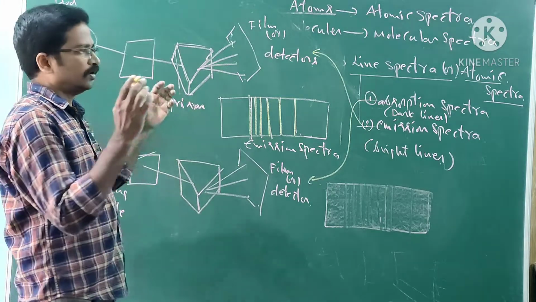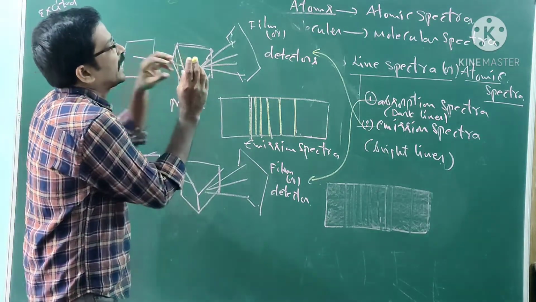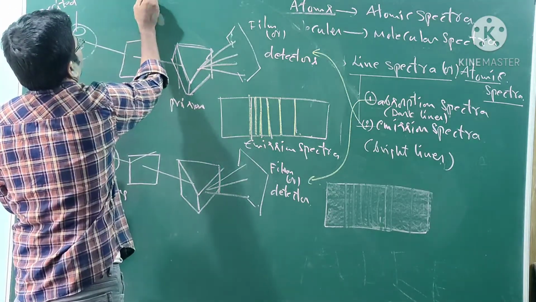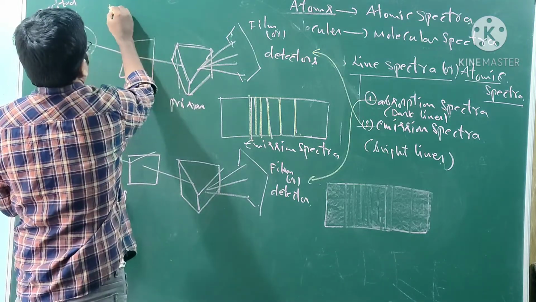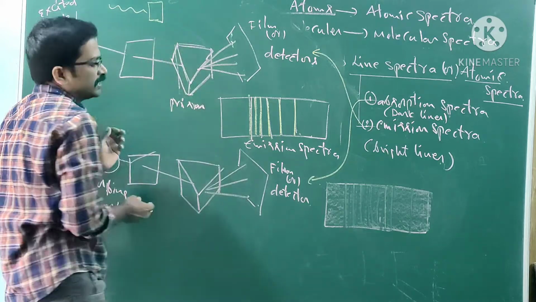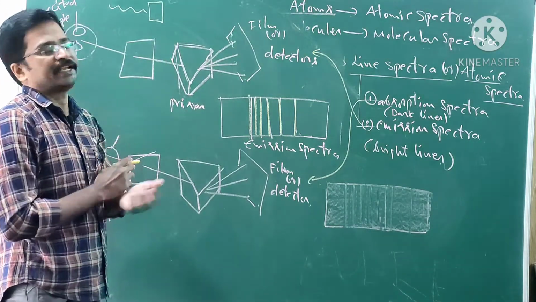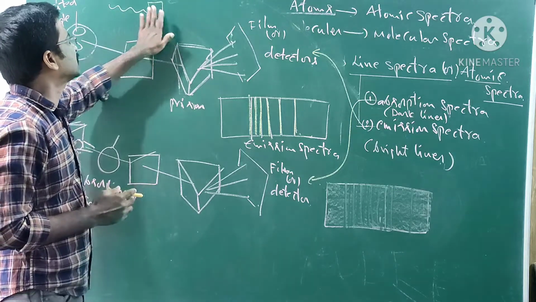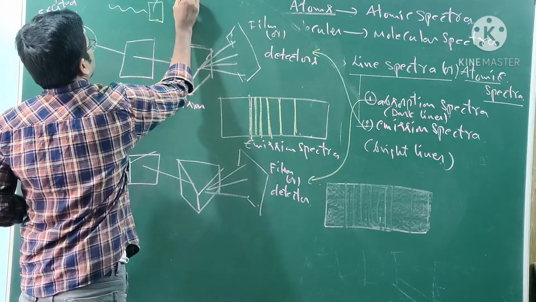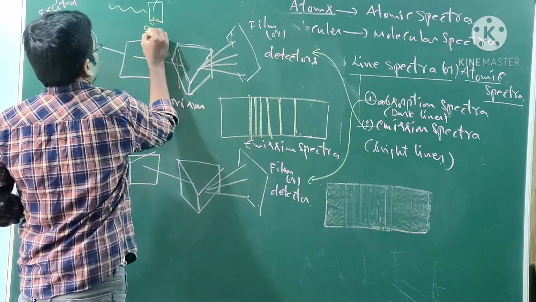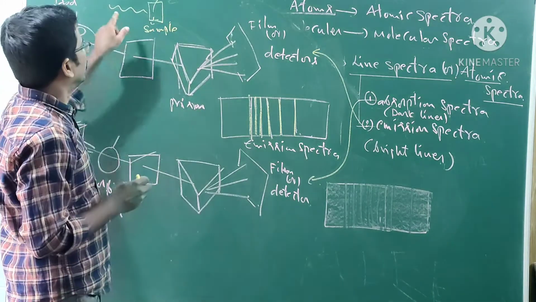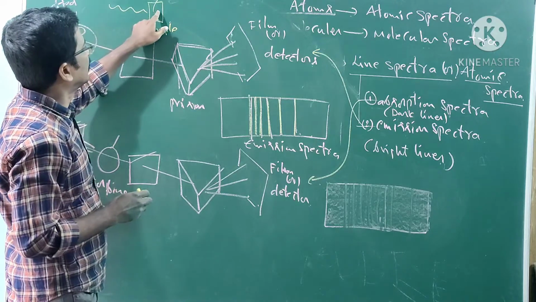Whenever we expose this sample to electromagnetic radiation, let us say the electromagnetic radiation comes like this, and the sample contains atoms. This is known as the sample.